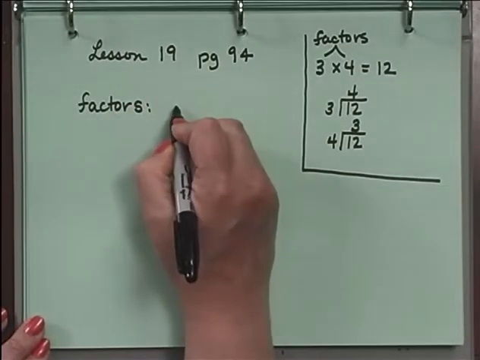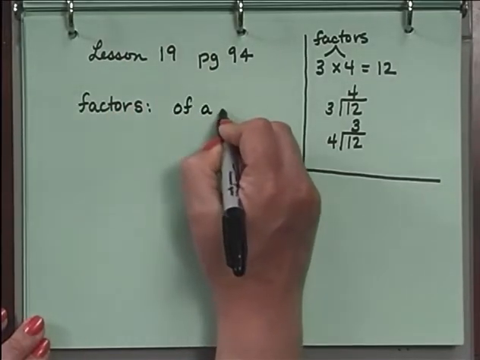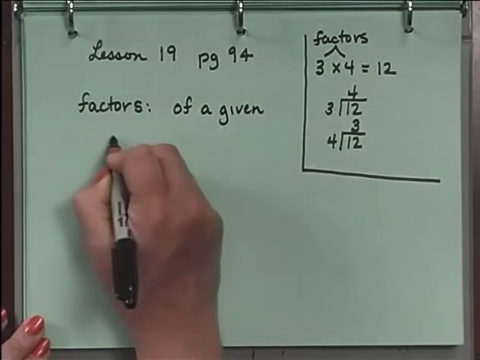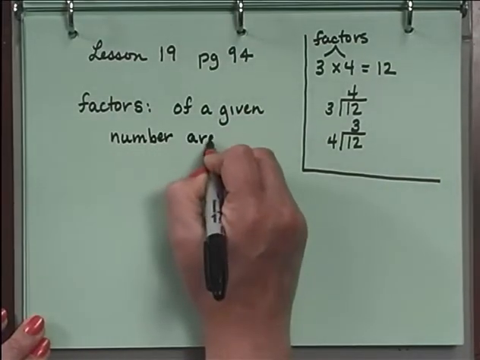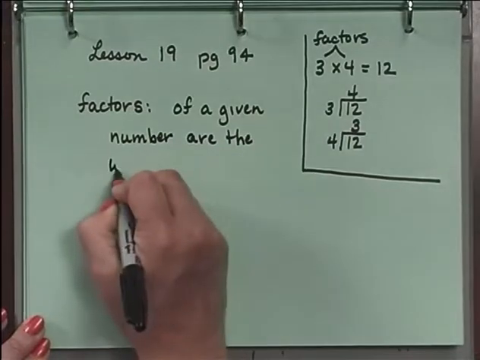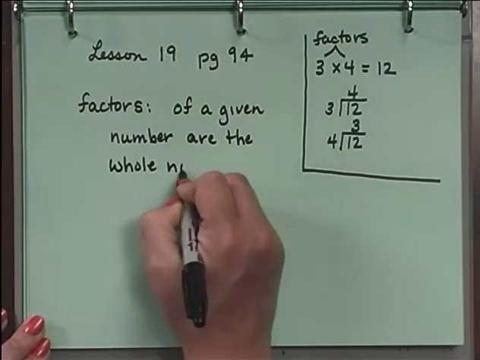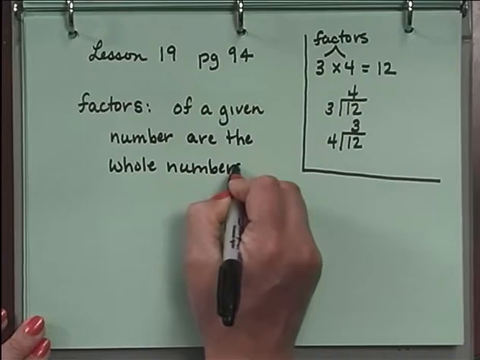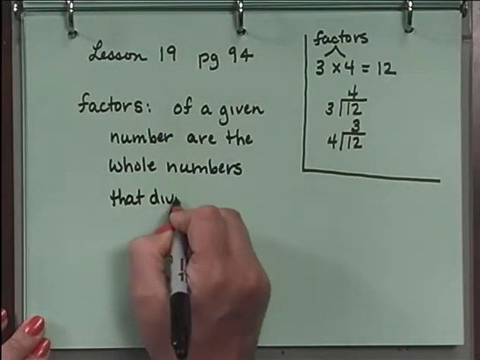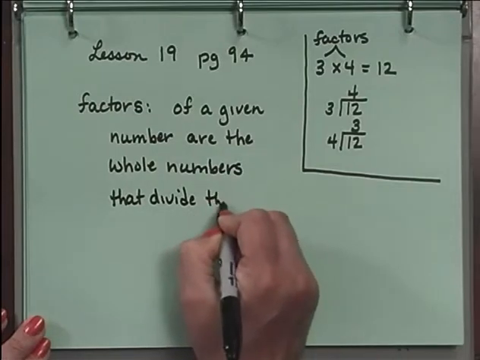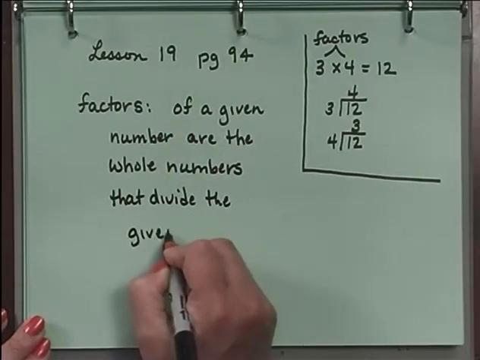The factors of a given number are the whole numbers that divide the given number without a remainder.